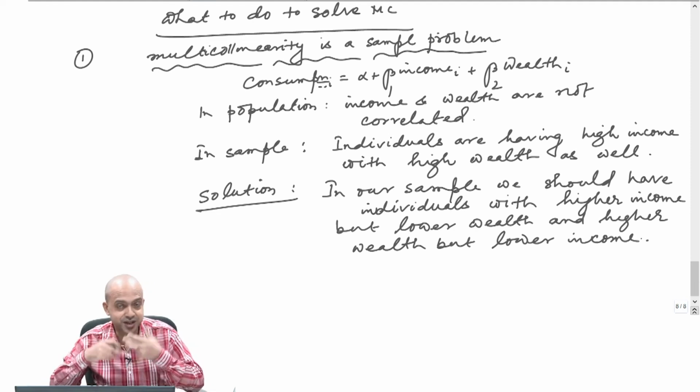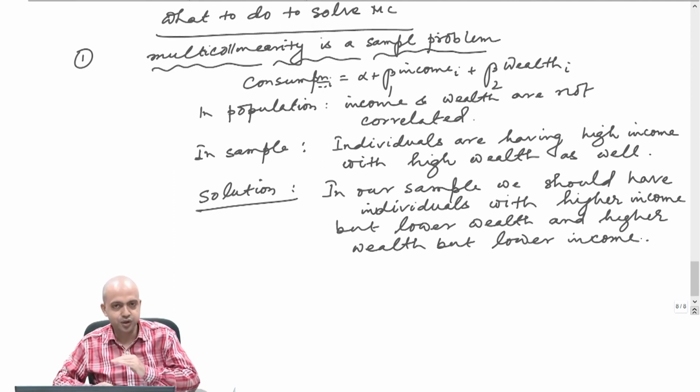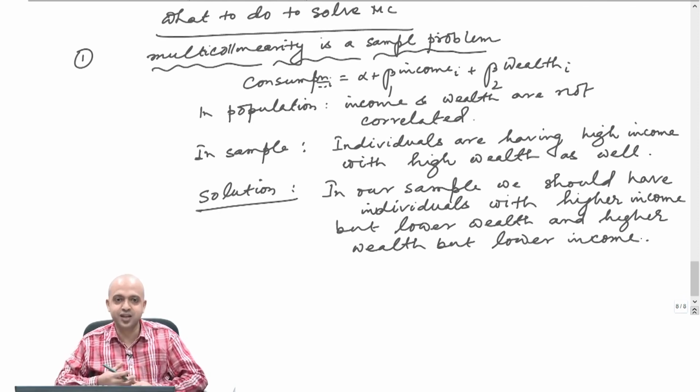So, we need to design our sample in such a way that this particular property is satisfied. We have individuals who are having high income but low wealth, and other individuals who are having low income but high wealth. So, we need to solve this problem by designing the sample strategy appropriately. That is why they say that multicollinearity is basically a sample problem.